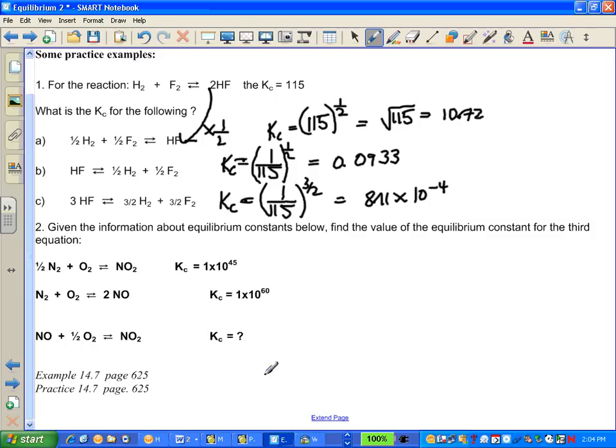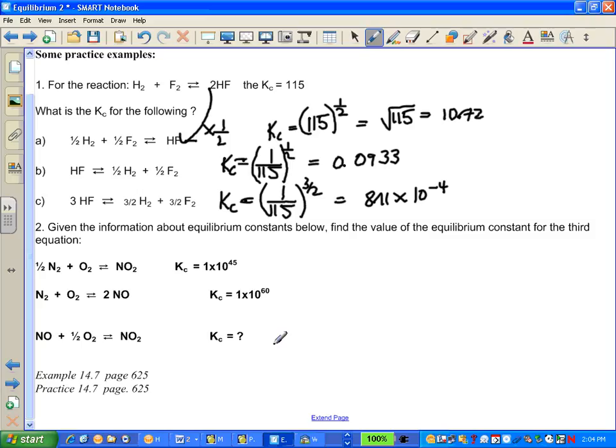The way that we're going to do that is by figuring out a way to make the first two reactions add up to the third reaction. And we're going to use a combination of the manipulations in order to determine the new Kc value. The process of doing that is to look to our goal reaction and to see how the previous reactions can help us.